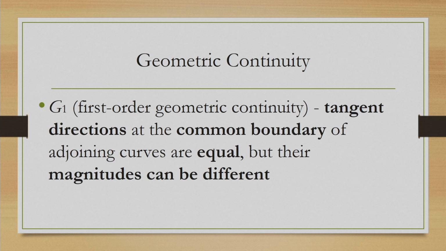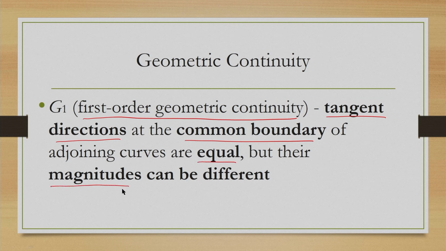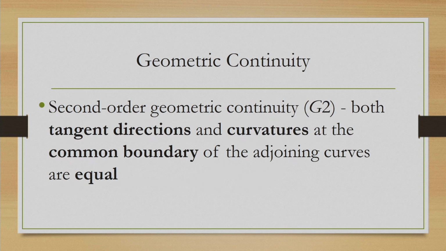Similarly, G1 or the first order geometric continuity condition tells that the tangent directions at the common boundary should be equal, although their magnitudes can be different. So, that directions must be equal, but magnitudes can vary at the boundary, that is the G1 or first order geometric continuity condition.